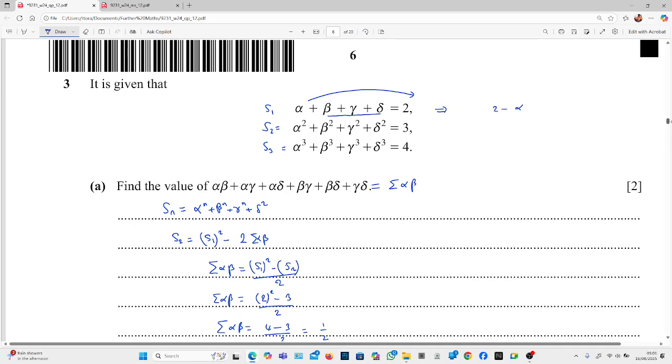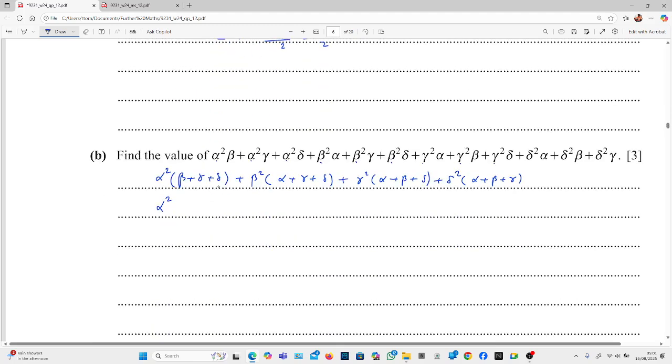Okay, so let's try and see now if we try to do this over here. So this is going to be 2 minus alpha, and the same goes for the other ones. And if we now distribute whatever is outside inside, that's going to be alpha square times 2, which is 2 alpha square minus alpha cube plus 2 beta square minus beta cube plus all of that over here.